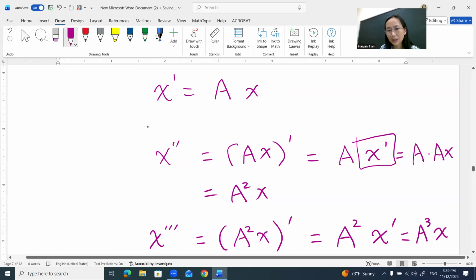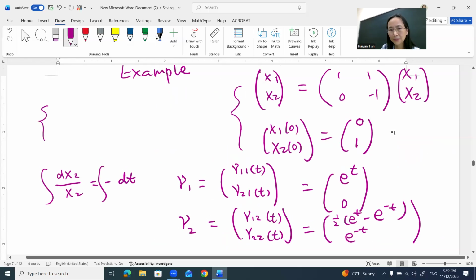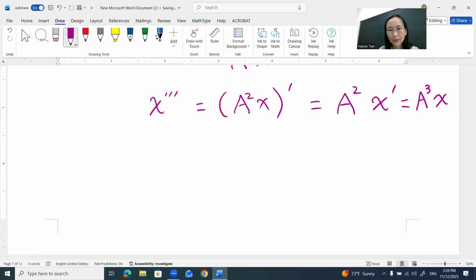When we continue, the pattern will be: the kth order derivative of x is just A to the kth power times x.